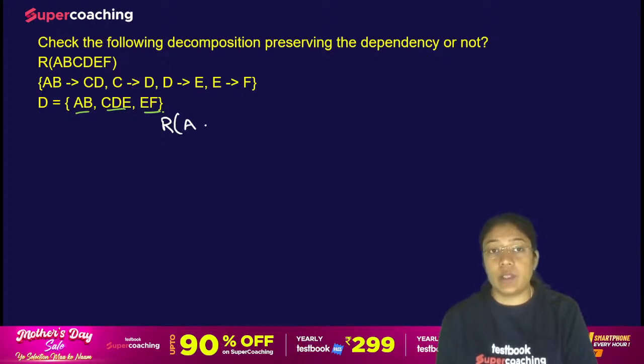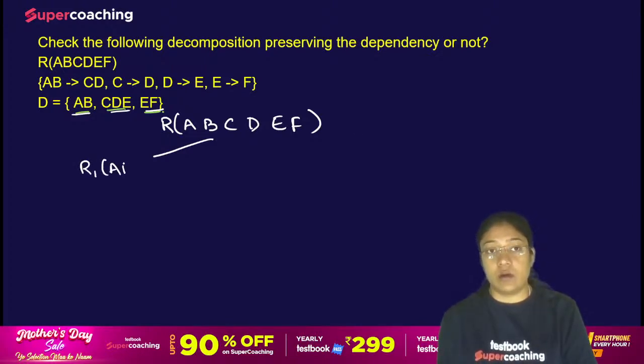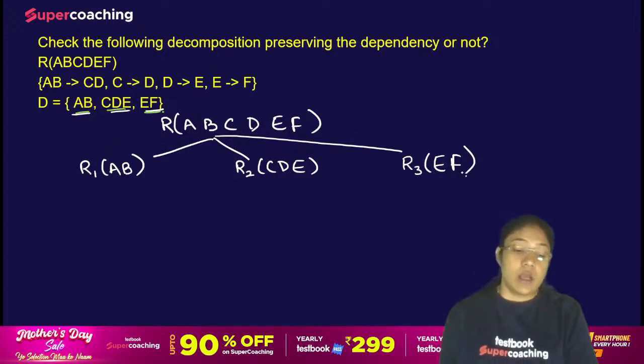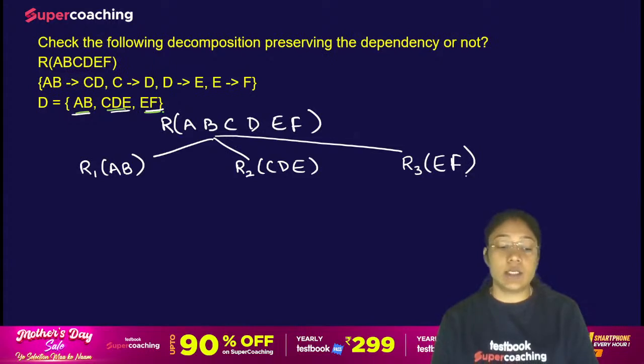Relation R is having the attributes A, B, C, D, E, F, and this is decomposed into three sub-relations: R1 with AB, R2 with C, D, E, and R3 with E, F. Quickly write in the chat section whether the given decomposition is dependency preserving or not.